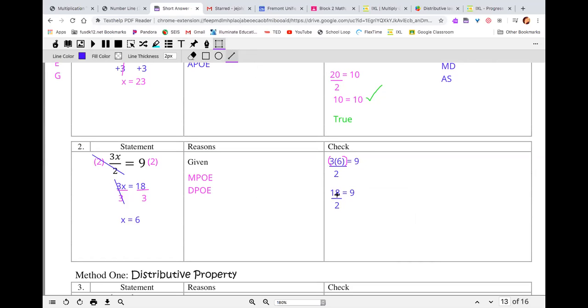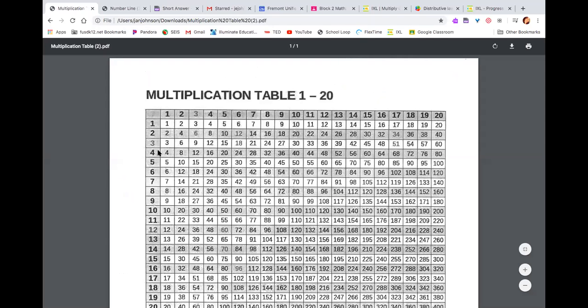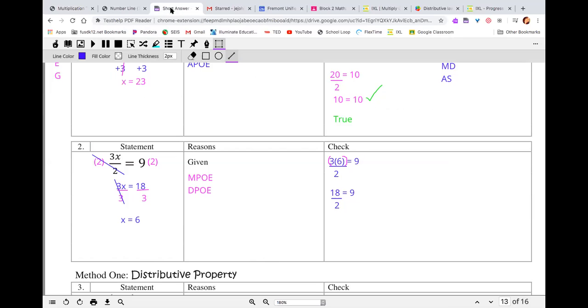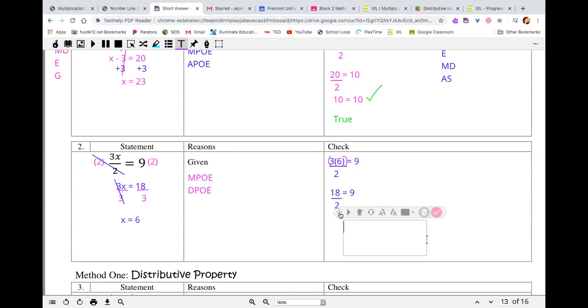So 18 divided by 2 is 9. Nine equals 9. Do they match? Yes.